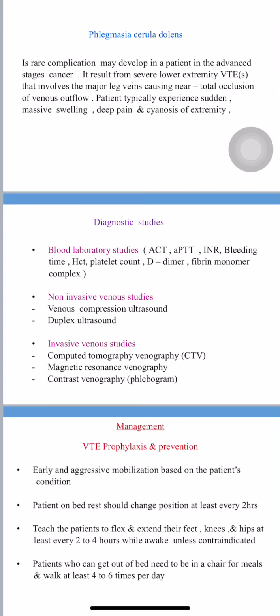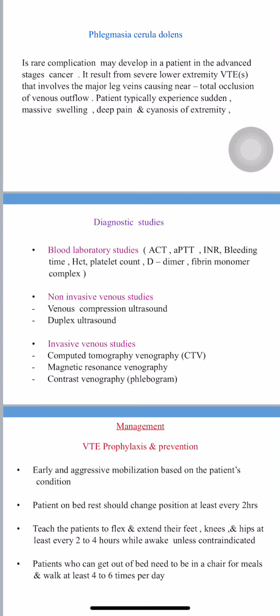It may be performed simultaneously with the CT angiography of pulmonary vessels for patients being evaluated for venous thromboembolism. So next is magnetic resonance venography. It uses MRI with specialized software to evaluate the blood flow through the veins. It can be done with or without contrast. It is highly accurate for pelvic and proximal veins, and it is less accurate for calf veins.